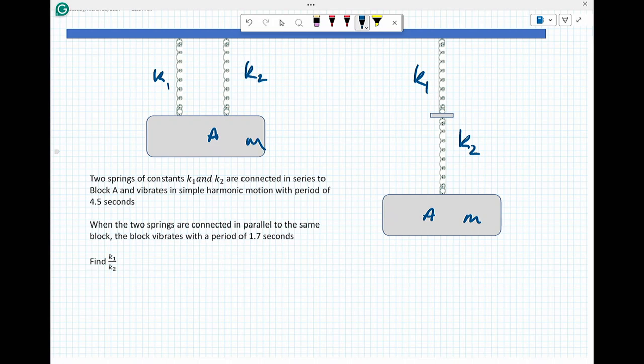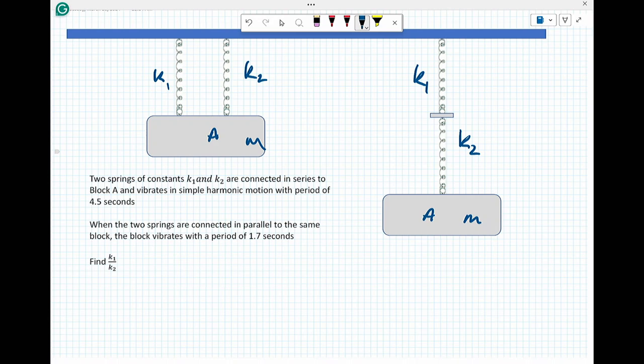When the two springs are connected in series to block A, it vibrates in simple harmonic motion with a period of 4.5 seconds.